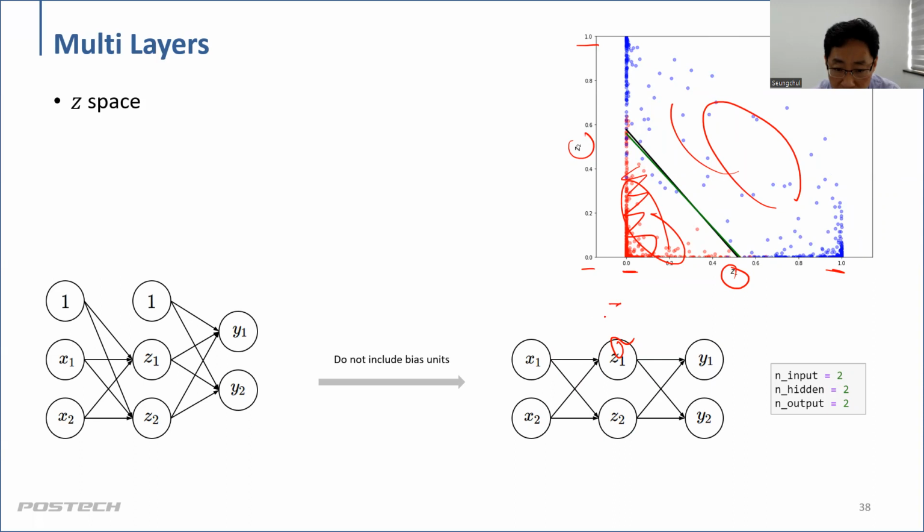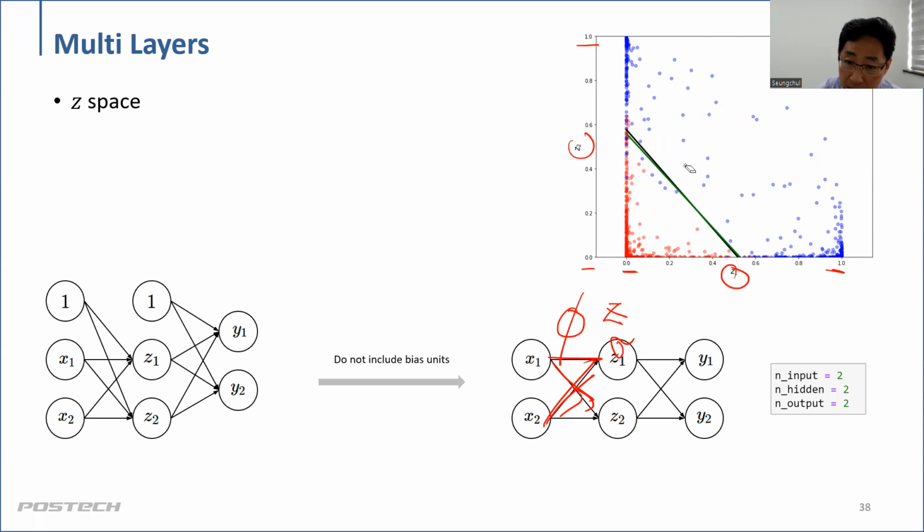So here in Z space, after these mappings, we get linearly separable data points. We rearrange them. In Z space, we have another set of omegas, which again is two lines.